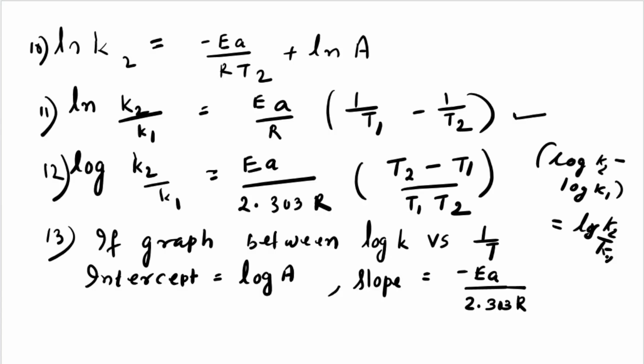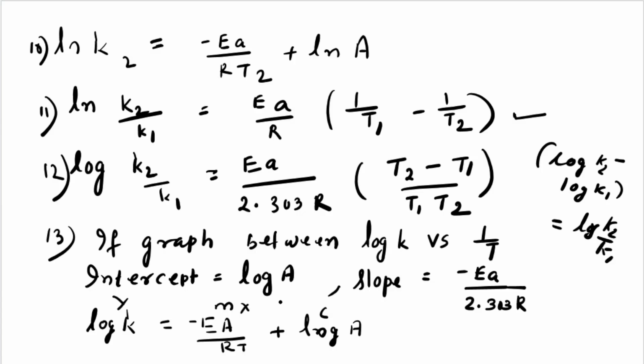So you can write another line here, because the graph is drawn with the general formula: log K equals minus Ea by 2.303 RT plus log A. See here, this is Y, this is MX plus C. See the intercept, correct?